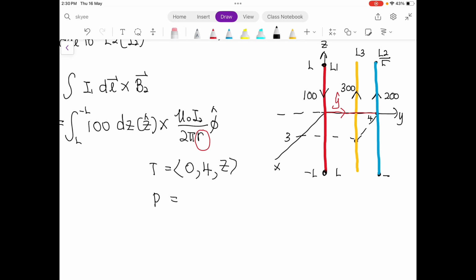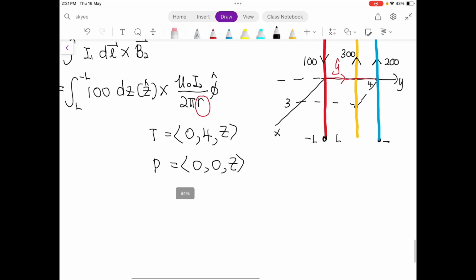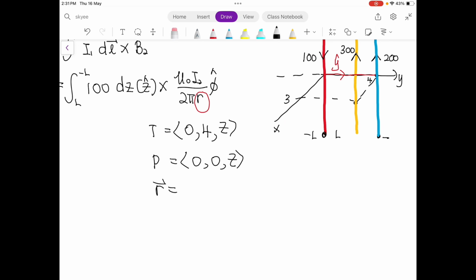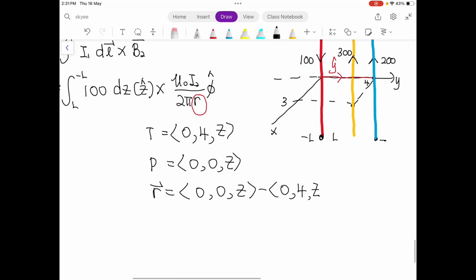The observation point is at the position of I1, so I1 position is 0, 0, Z. So your R will be 0, 0, Z minus 0, 4, Z. Okay, so you will have 0, negative 4, and 0.